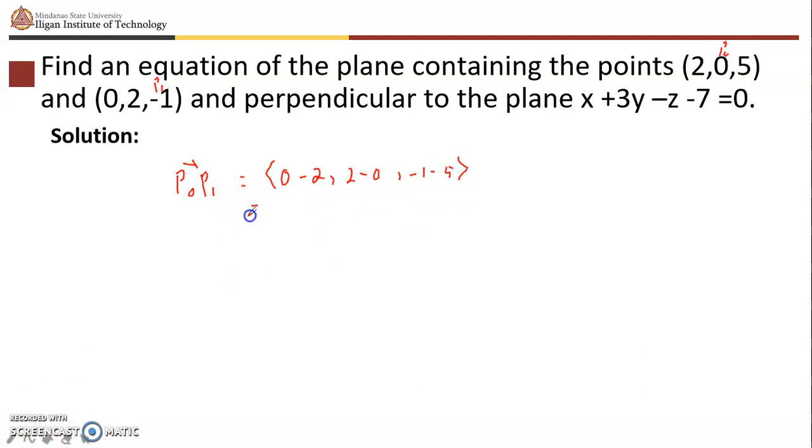And this vector, which is parallel to the plane, is (-2, 2, -6).